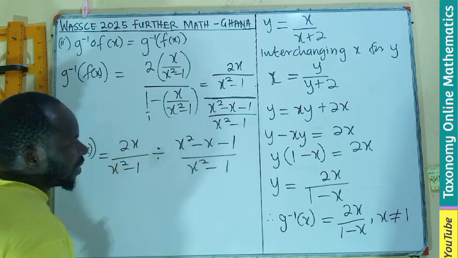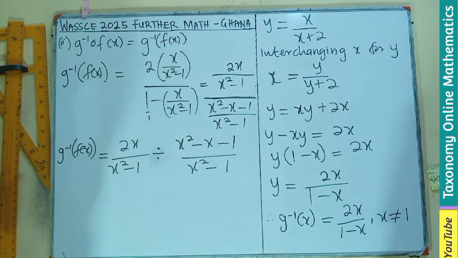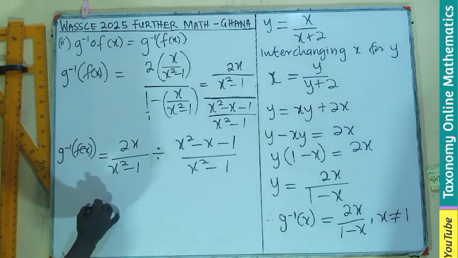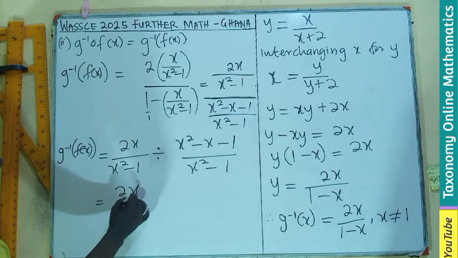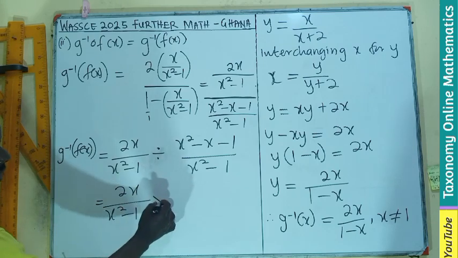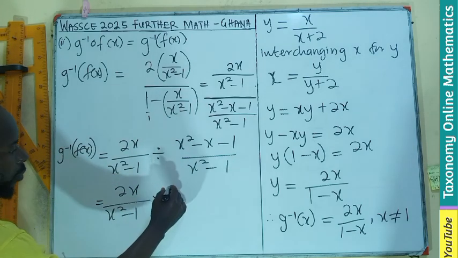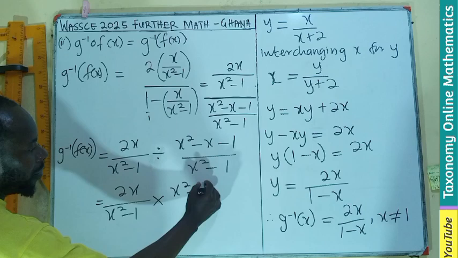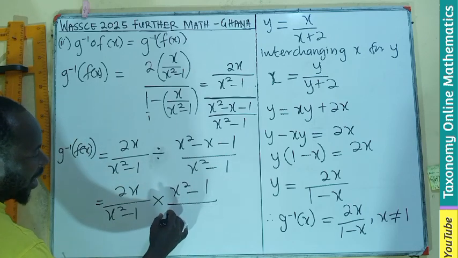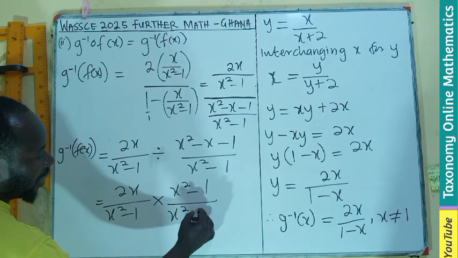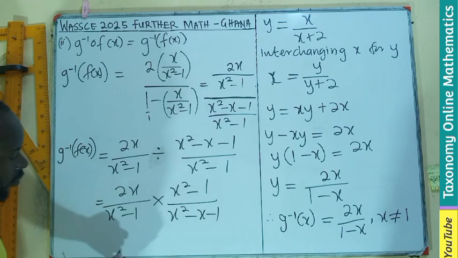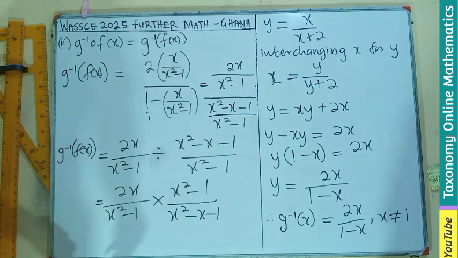I'm only trying to conserve space and the length of the video, but let's go on. So this becomes 2x divided by x squared minus 1. Now this becomes multiplication, flip over: x squared minus 1 divided by x squared minus x minus 1. We can see here, we'll cancel that.